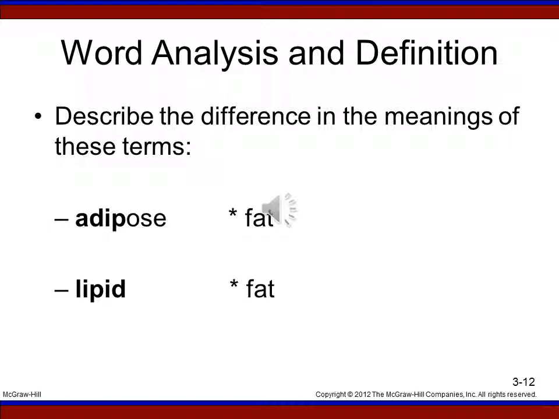Low density lipids are liquid, but at room temperature they turn to a solid. HDL, high density lipids, is like our olive oil. These oils stay in a liquid form even at room temperature. Very important to understand the differences of the two.